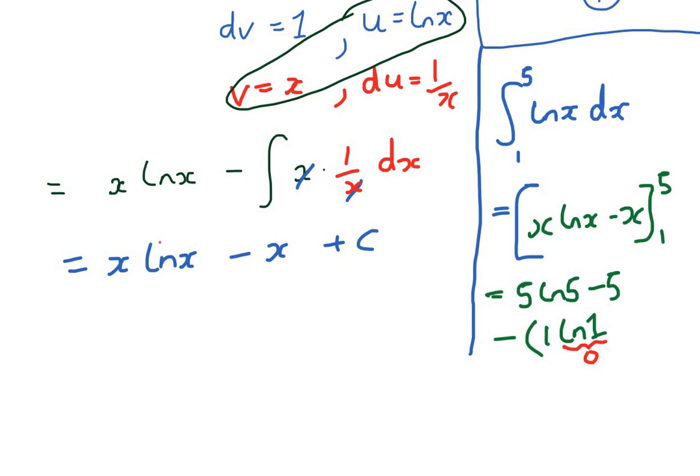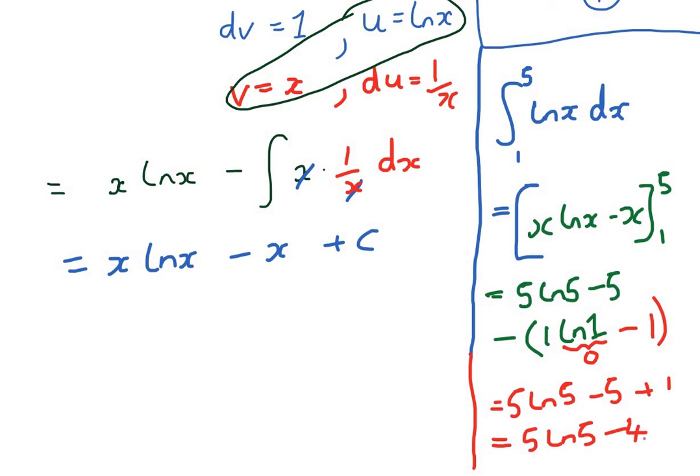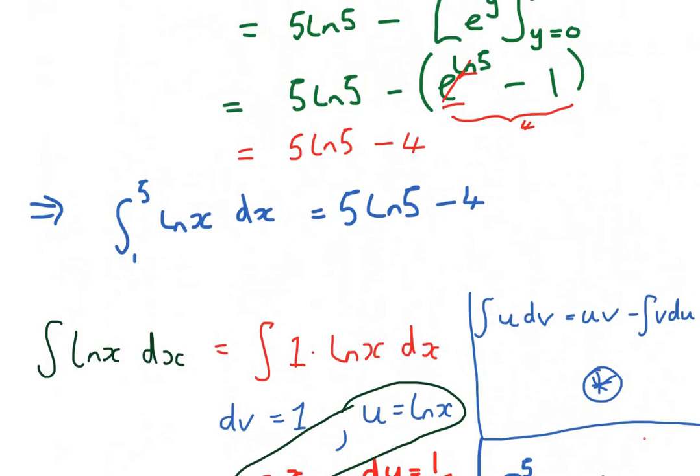And back down here, we're taking away 1. So what we are left with is 5 natural log of 5 minus 5 minus minus 1, which is add 1. So it's 5 natural log of 5 minus 4, which does in fact agree with our answer above.